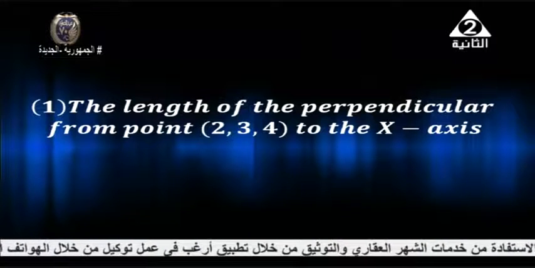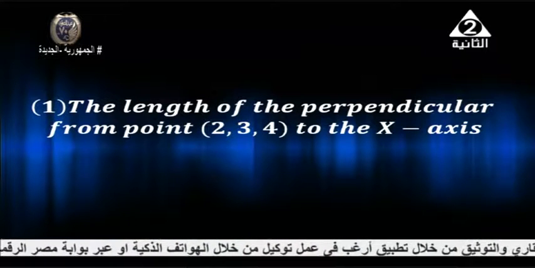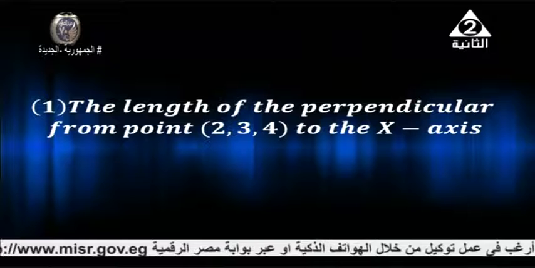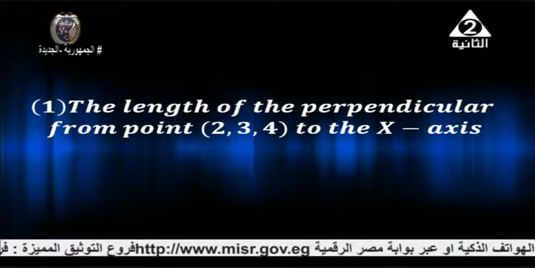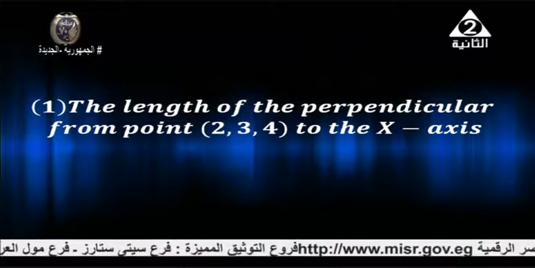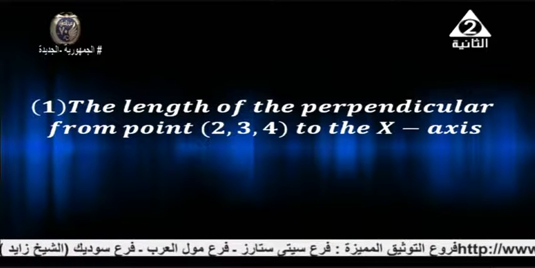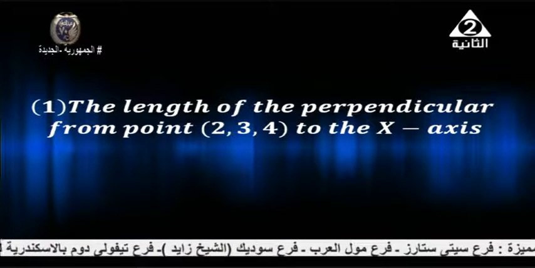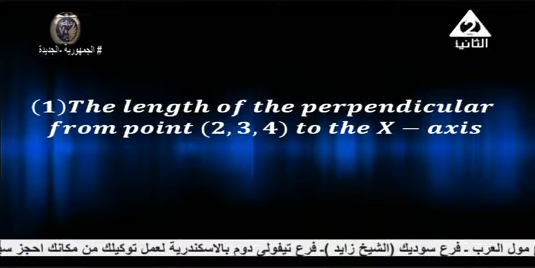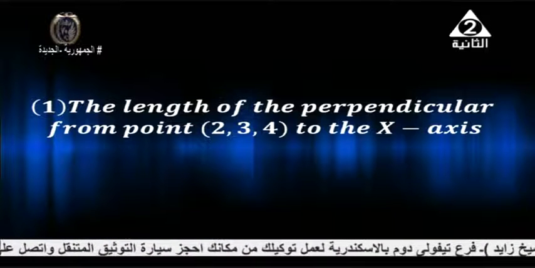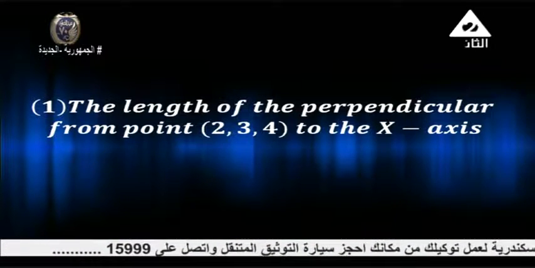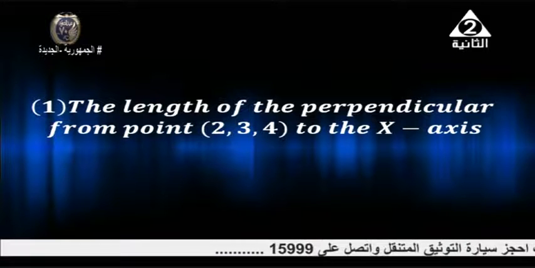The length of the perpendicular from point (2, 3, 4) to the x-axis. What is the length? My dear students, before we choose the correct answer, read carefully and understand.